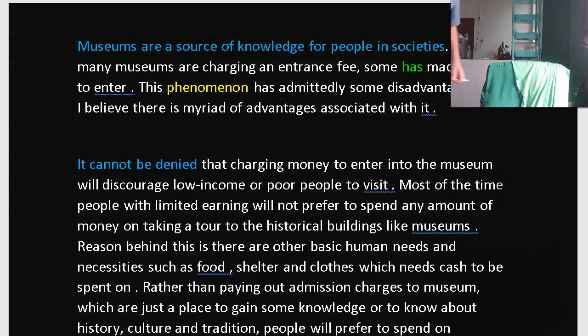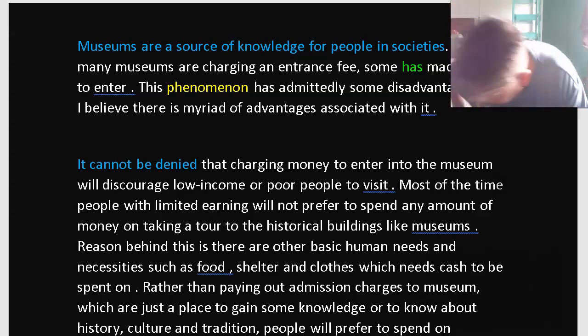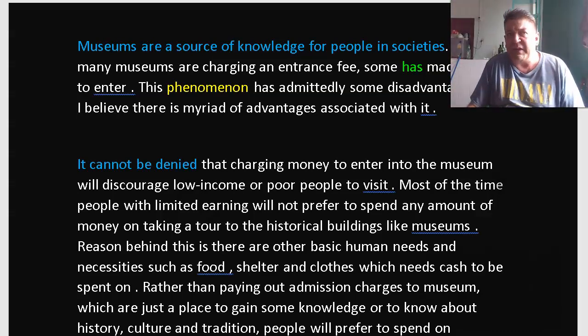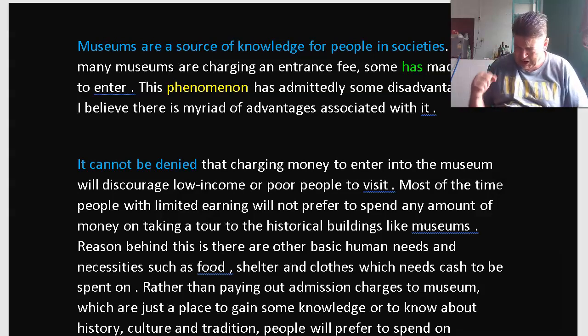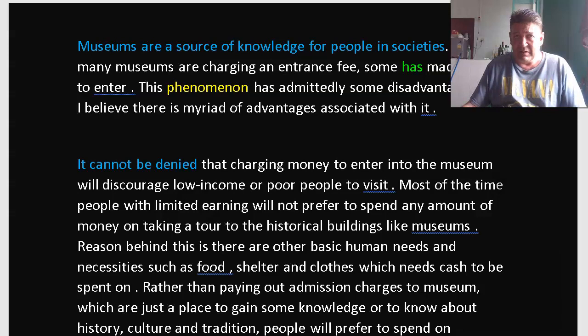You have a point. Okay, this is a valid point, but the way you say it, "most of the time will not prefer." You're hedging. Okay, first, and it's such a contrast to what you just said. In the sentence before, it says, "it cannot be denied that people will be discouraged."